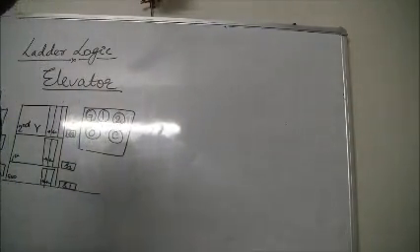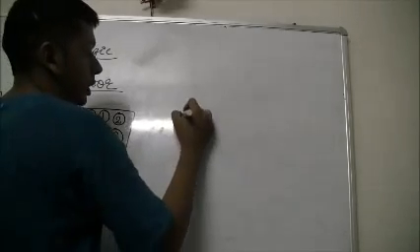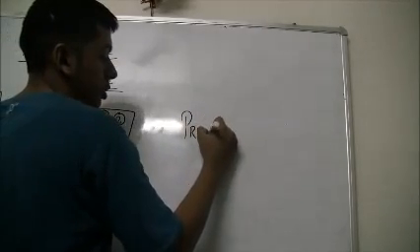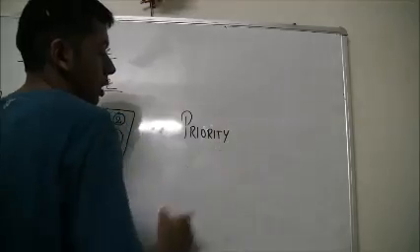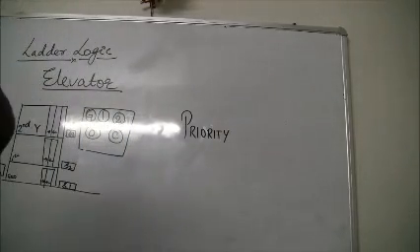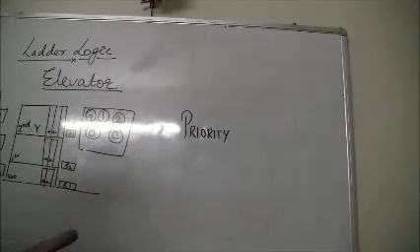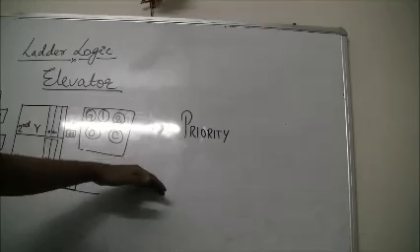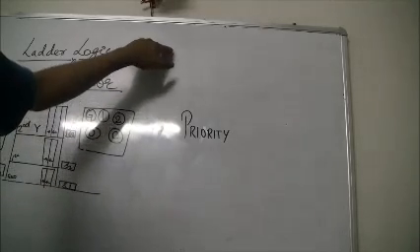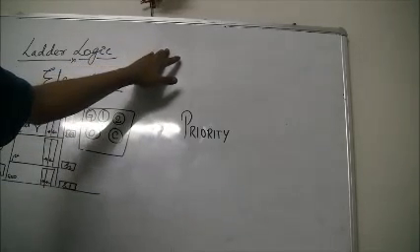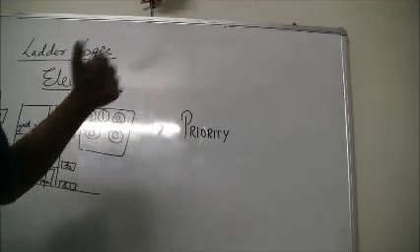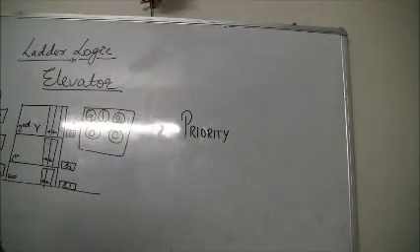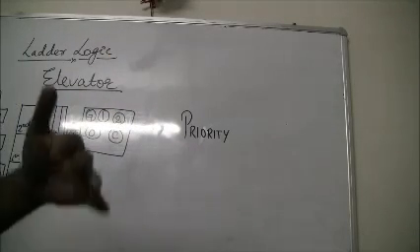Now, to make it clear, we are not working on setting up priority, which is usually the case in a normal elevator. If the elevator is going towards, maybe, the 7th floor, and someone presses the down button on the 5th floor, the elevator would not stop on the 5th floor.